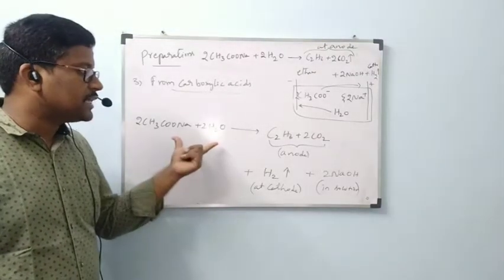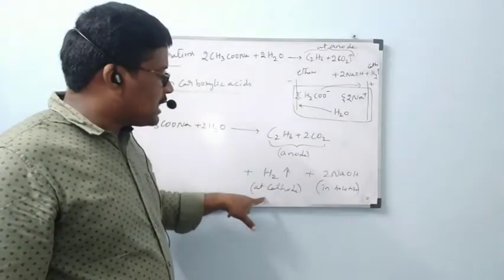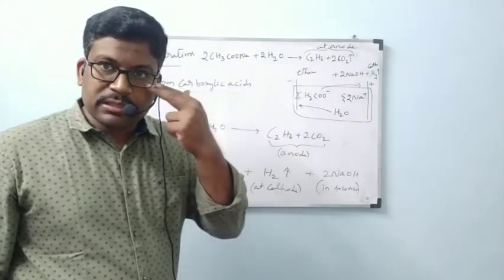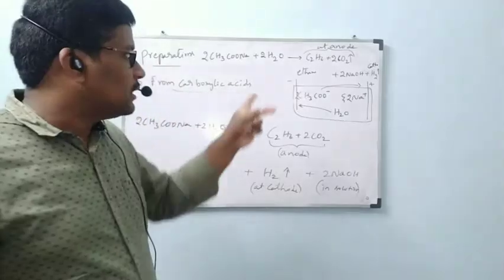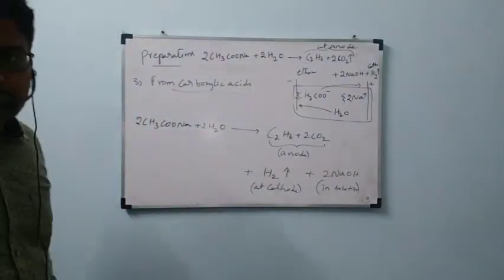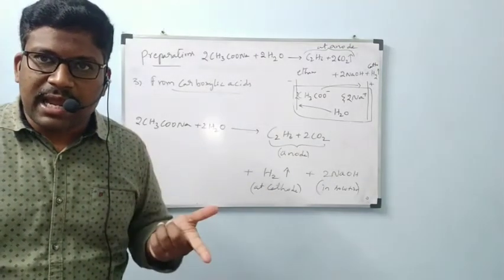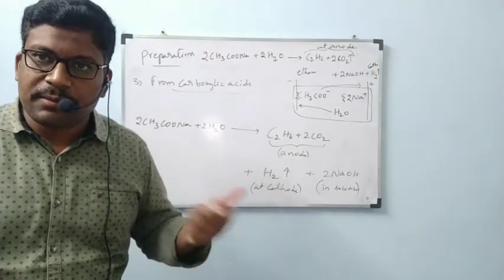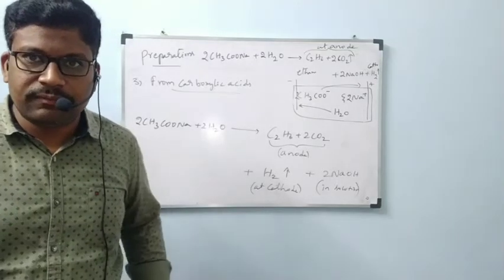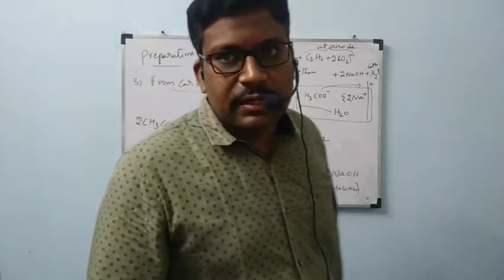It undergoes reaction with water to form the products at the anode and the product at the cathode, and NaOH remains in the solution. This is the complete reaction explanation under the heading mechanism. Please keep the mechanism above the anode and cathode reactions. This is the complete reaction for Kolbe's electrolytic method.